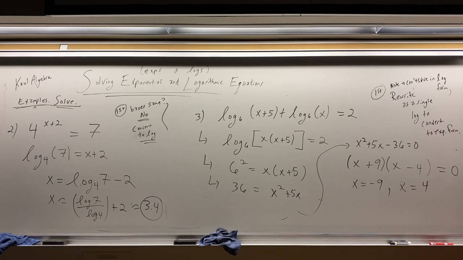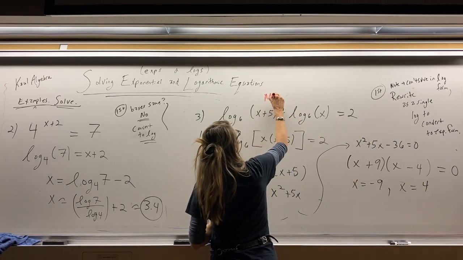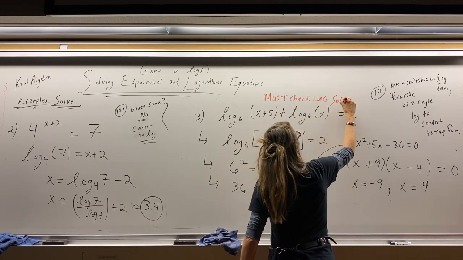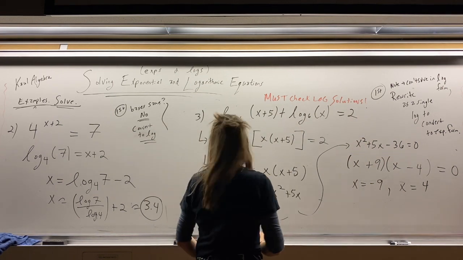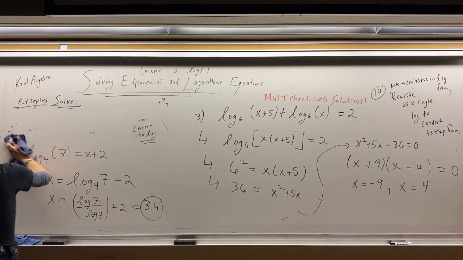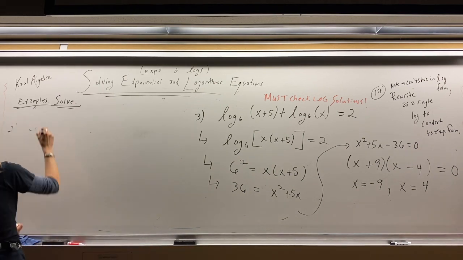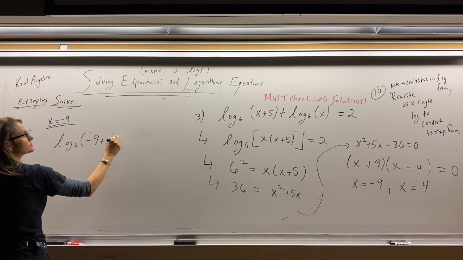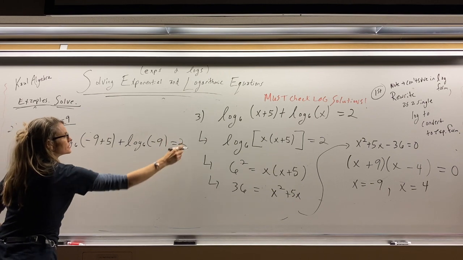I say potential because with logs, you must check. So here, I have to do a must check. Notice, if I do a check, and I'll do it over here, since it is our last problem, if I claim x equals minus 9 as a solution, I should be able to put it into the original and see that it works.